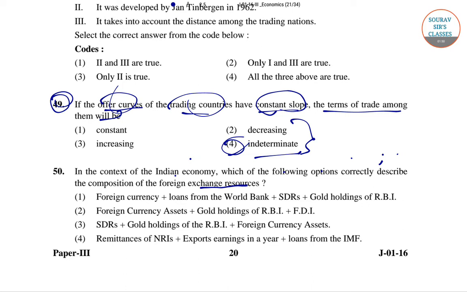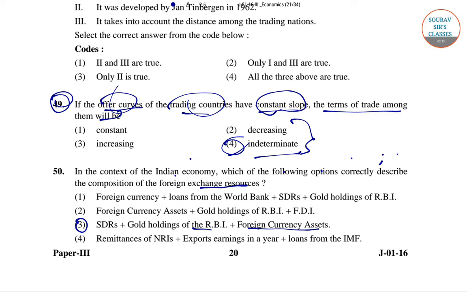So we have 4 options, out of which we have to look for the right option. For question number 50, the right answer would be SDRs plus gold holdings of the RBI plus foreign currency assets, which is option 3. Why is it like this?